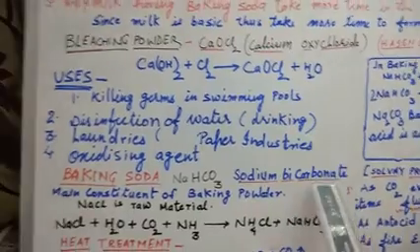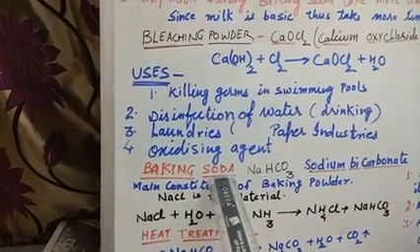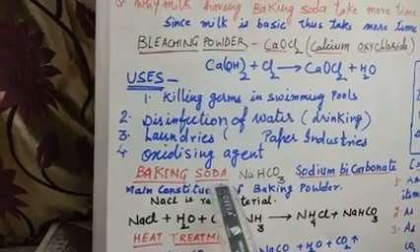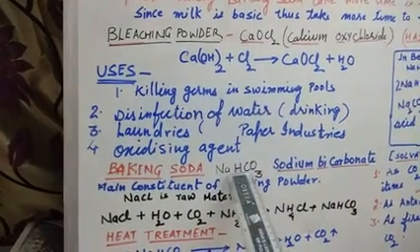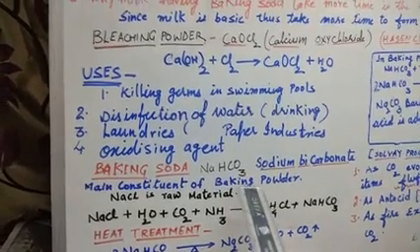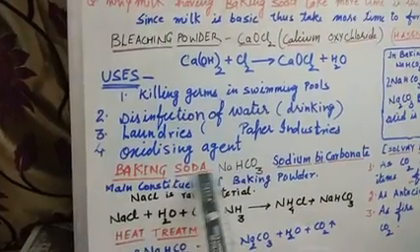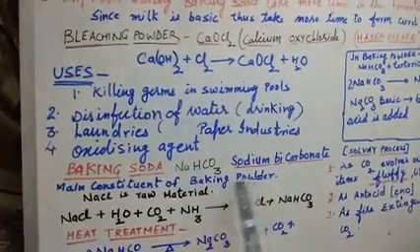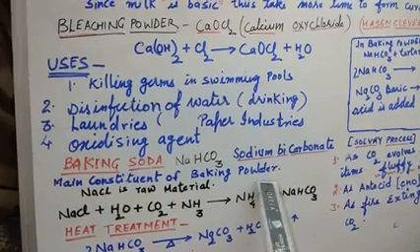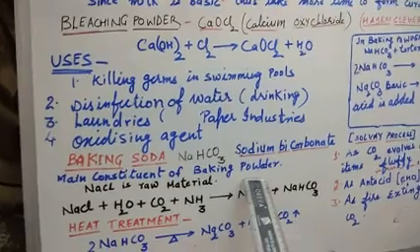Okay, students, and the common name is baking soda. Clear? And I am telling you, students, NaHCO3 is a main constituent of baking powder. I am using the word baking powder. This baking soda is a main constituent of baking powder, which is available in the market, and we purchase it for mixing it and making cakes.